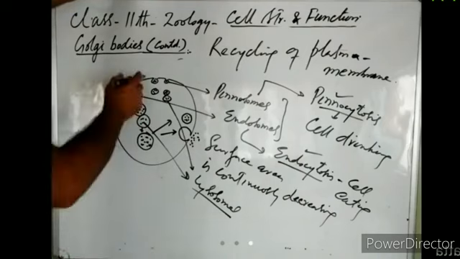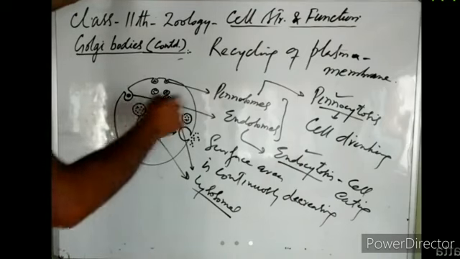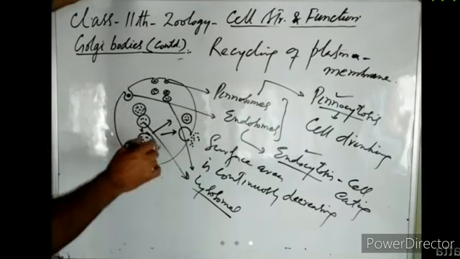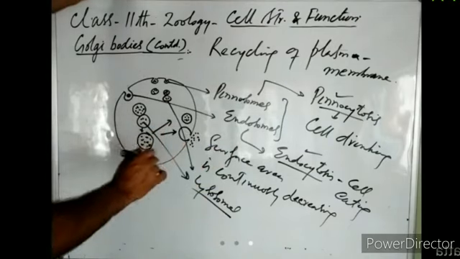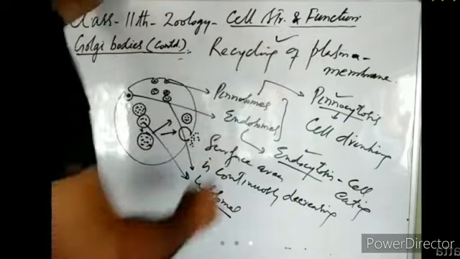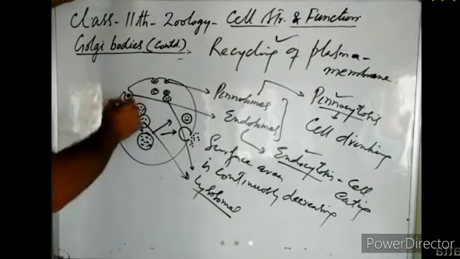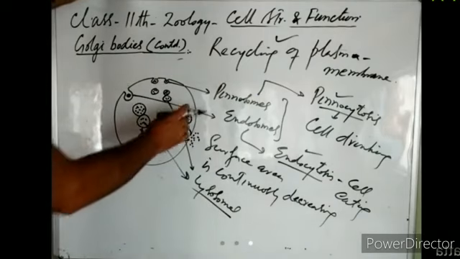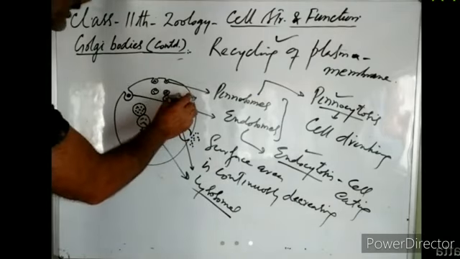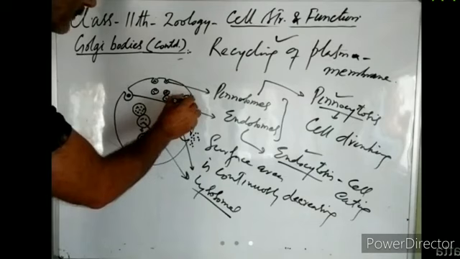So this continuous cutting of plasma membrane by pinocytosis, by endocytosis, and this continuous adding of plasma membrane by Golgi vesicles, this makes the recycling of plasma membrane. So on one side, plasma membrane is being continuously cut, and on another side, through Golgi vesicles, plasma membrane is continuously being formed, right?